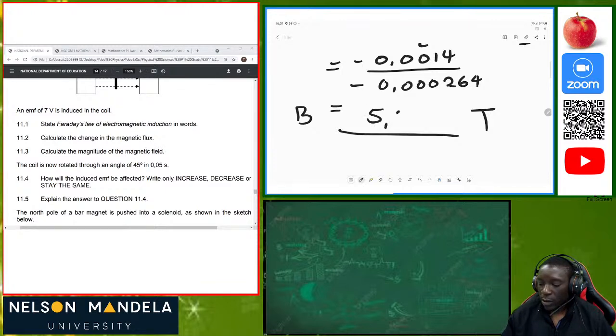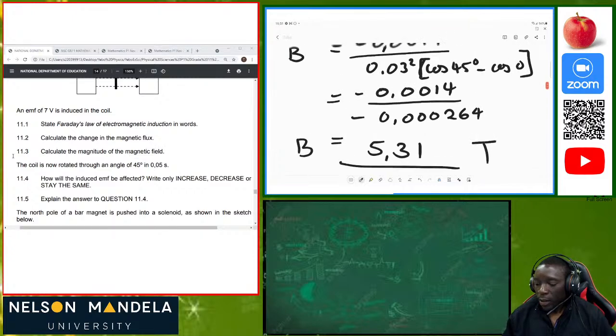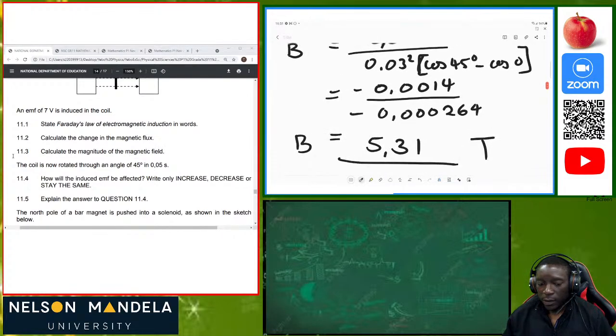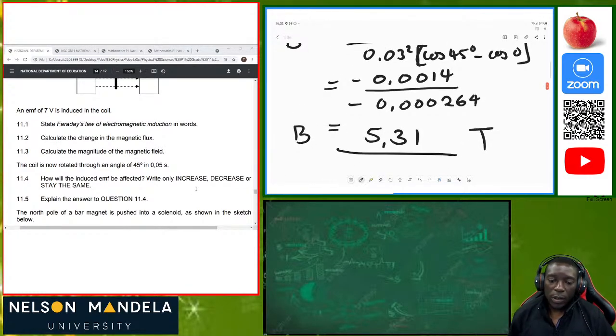And that should give you 5.31 Tesla. So that's it for the magnetic field.